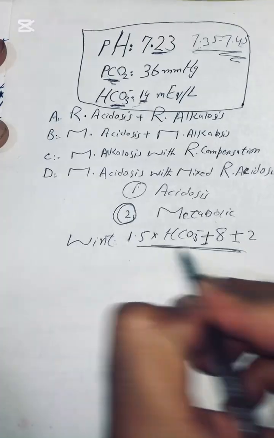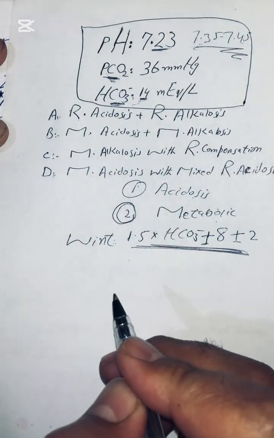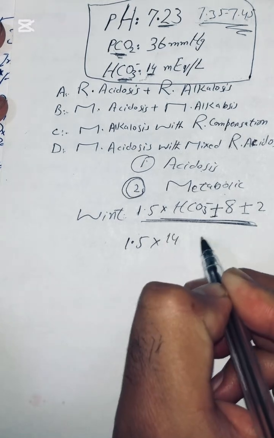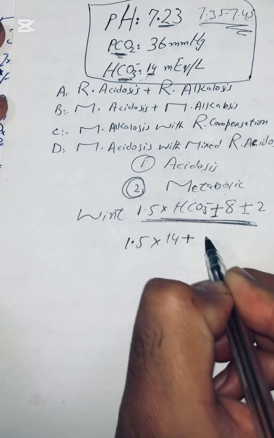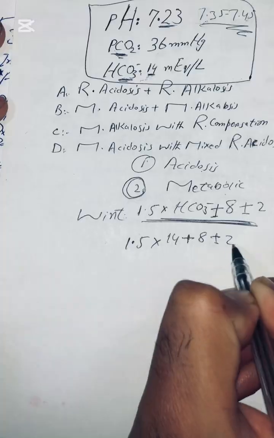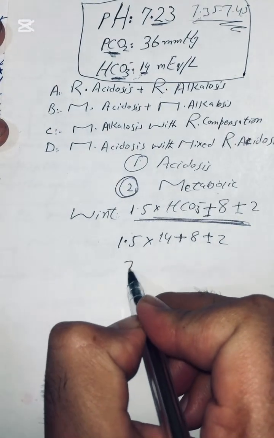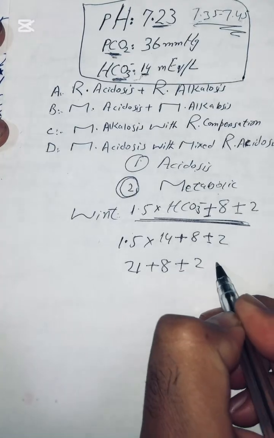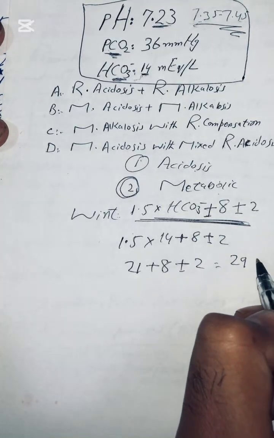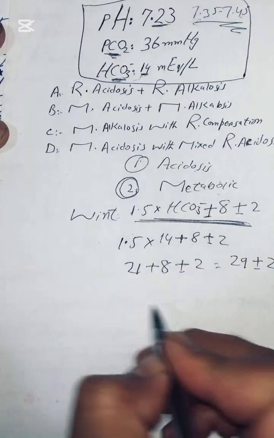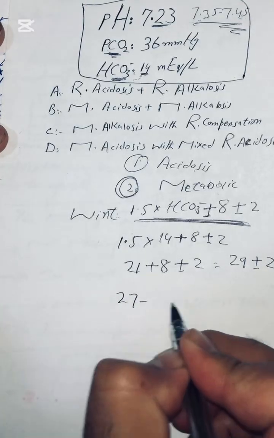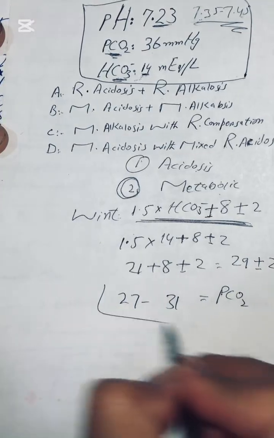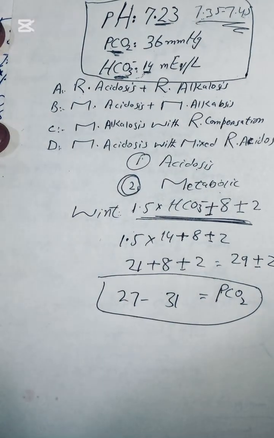In this case, 1.5 multiplied by 14 is 21, plus 8, plus or minus 2, which is 29 plus or minus 2. So it is 27 to 31. It means the expected PCO2 must be between 27 and 31.